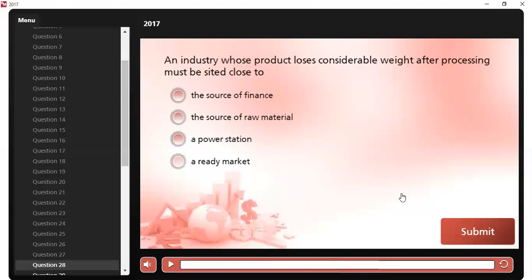Question 28. An industry whose product loses considerable weight after processing must be sited close to, it has to be the source of raw material. Okay, it has to be so in order to avoid unnecessary costs of transporting heavy raw materials.